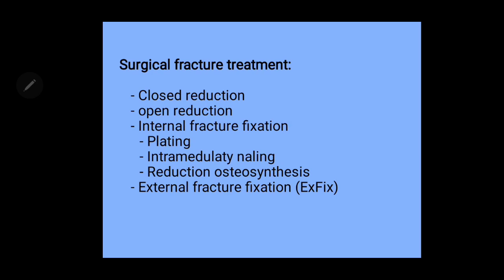We can use K-wires. And all these things are implanted inside. For external fixators, there are several types, such as the Ilizarov technique, where a ring frame is applied. You can use Schanz screws and a rod fixator, and you can use a hybrid fixation when you combine K-wires and Schanz screws.